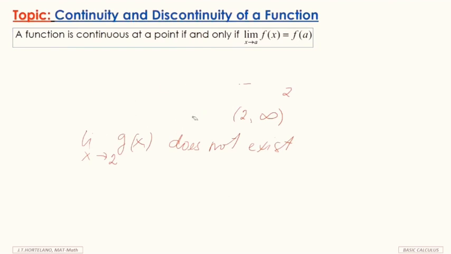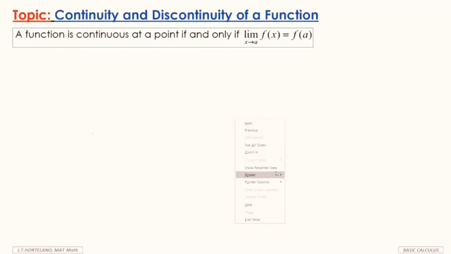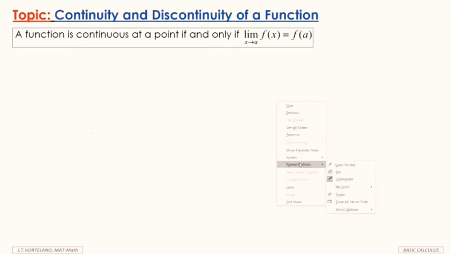So by definition, a function is said to be continuous at a point if and only if the limit of f of x as x approaches a is equal to f of a.